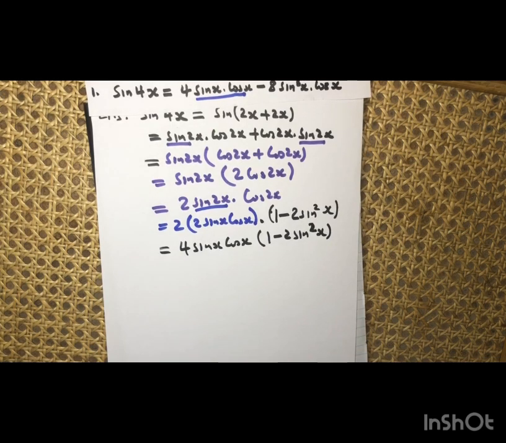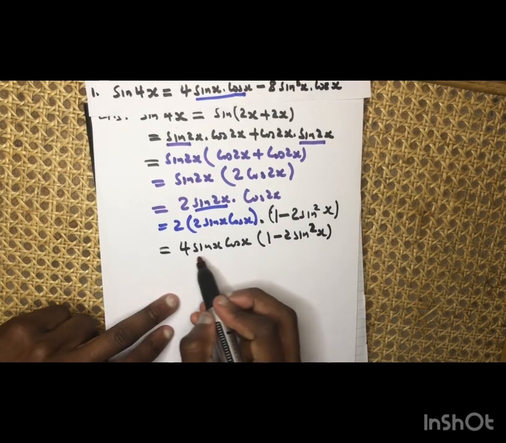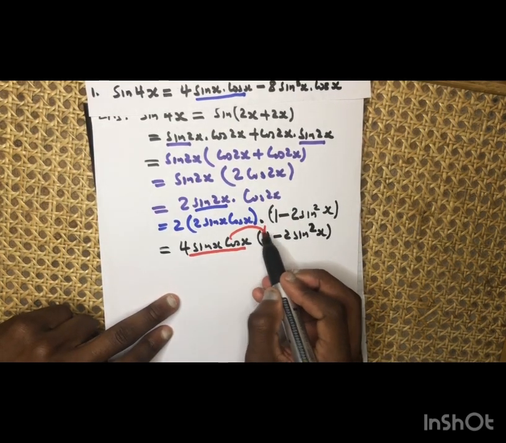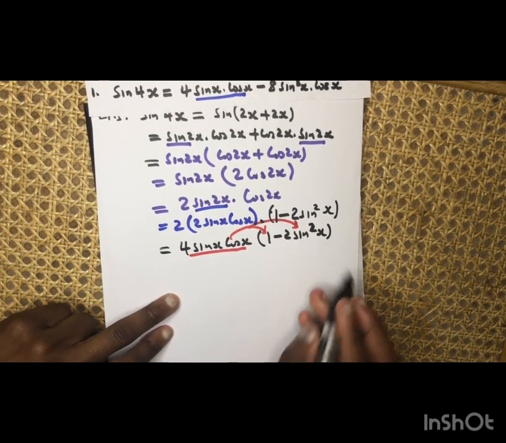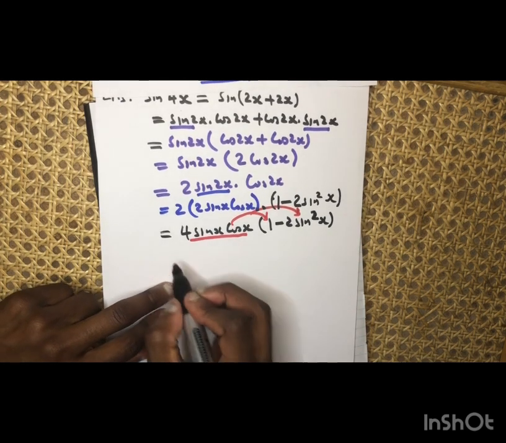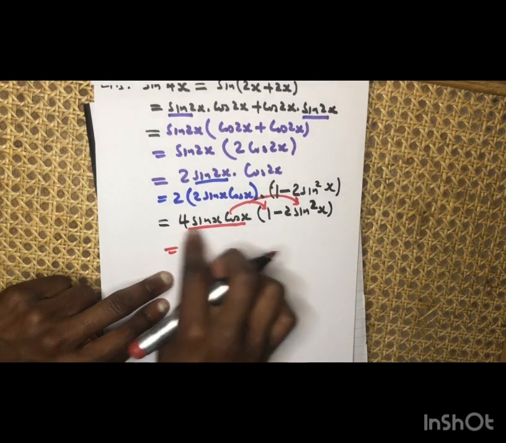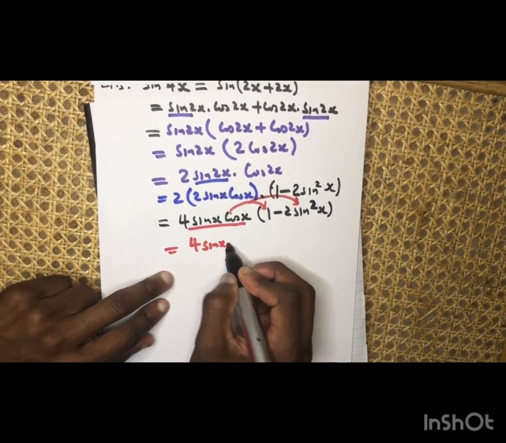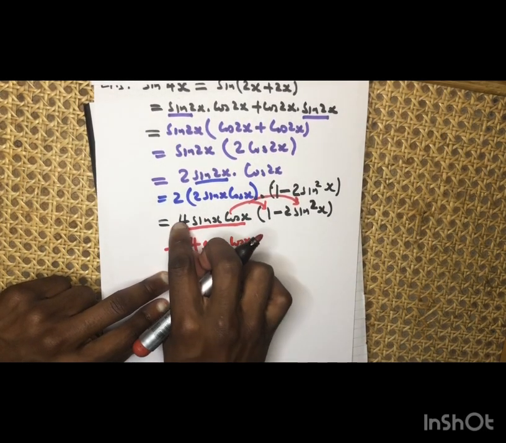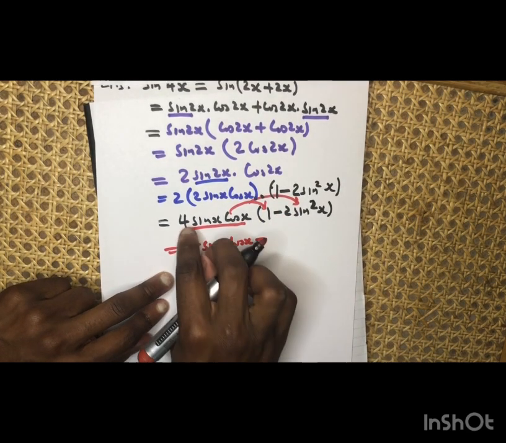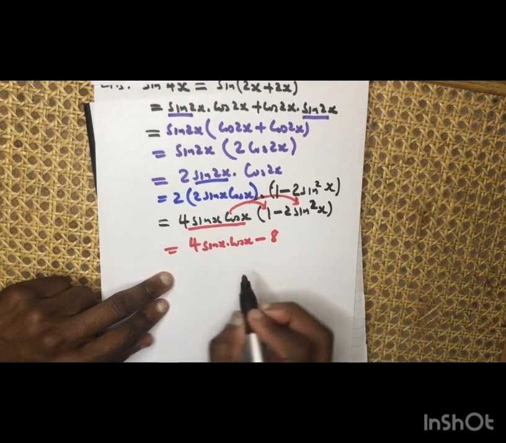Then we open the brackets. So if I open the brackets here, good people, this is going to multiply this one and also multiply the negative 2 sine squared. So it's going to be 4, because anything multiplied by 1 remains the same. So it's going to be 4 sine x cos x. Positive times the negative is negative. 4 times 2 is going to be 8.